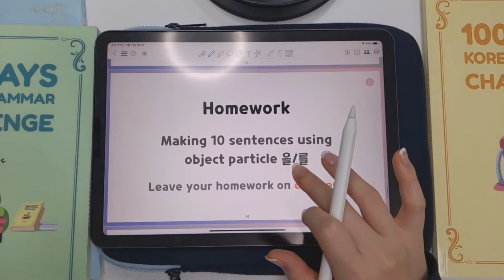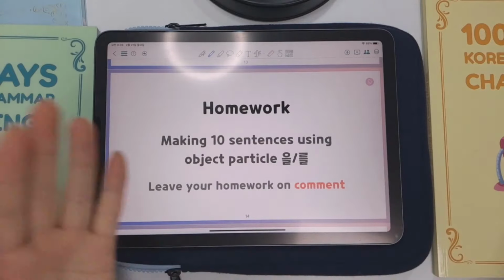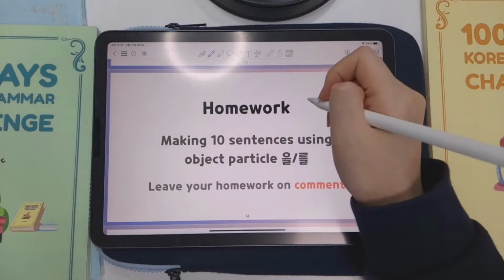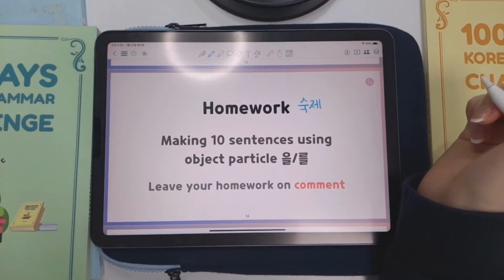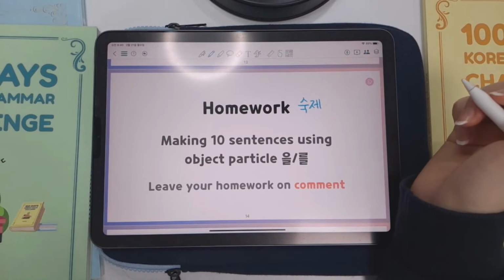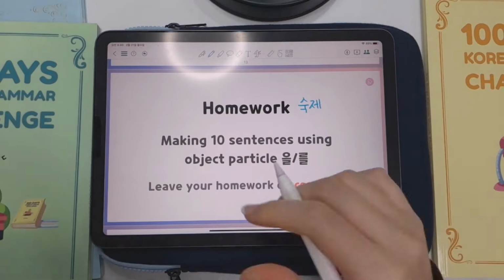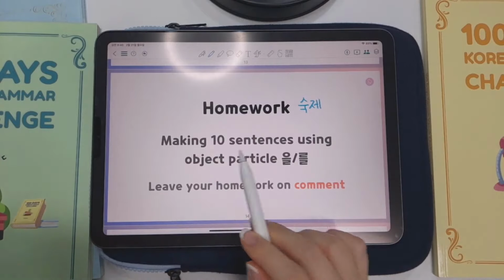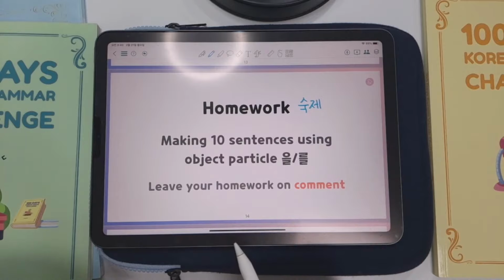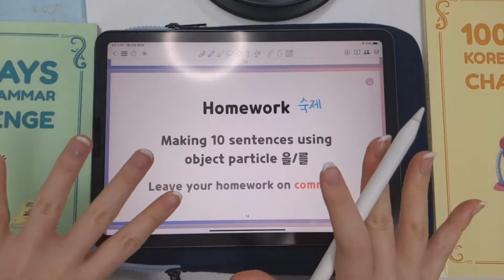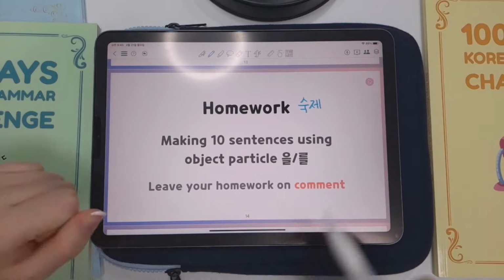Alright, so here is today's homework, guys. Yes, my favorite time, giving you guys homework. Homework in Korean is 숙제. Oh my god. Am I teaching you this word for the first time? 숙제 is homework. So it is time to give you homework. It is making more than 10 sentences using object particle 을 or 를. Don't forget to make 10 sentences using today's topic, 을 or 를. 프라틱샤 씨, yes, you love 숙제.